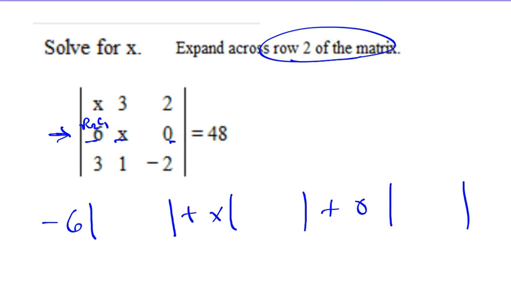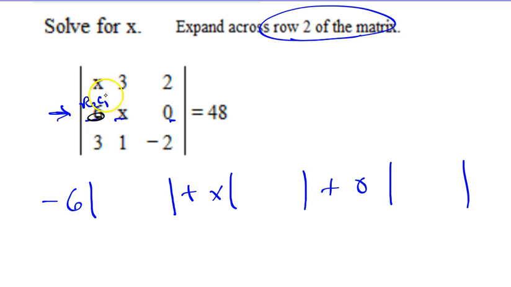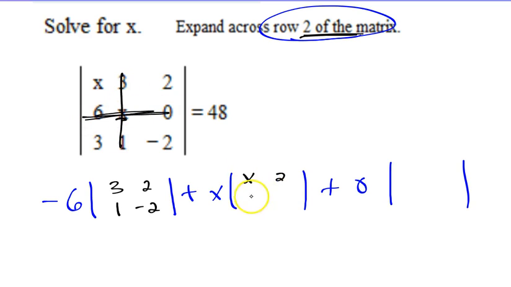The minor, let's see, if I eliminate this row 1, column 2, I'm left with the 3, 2, 1, negative 2. If I eliminate across 2, I'm left with x, 2, 3, negative 2.